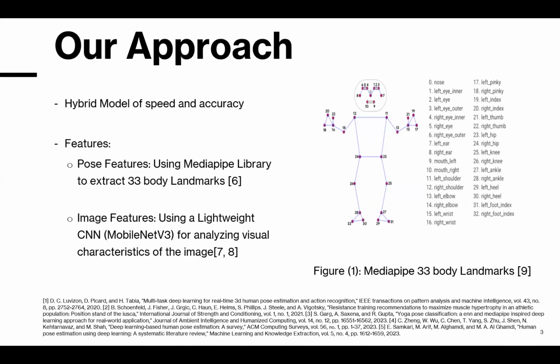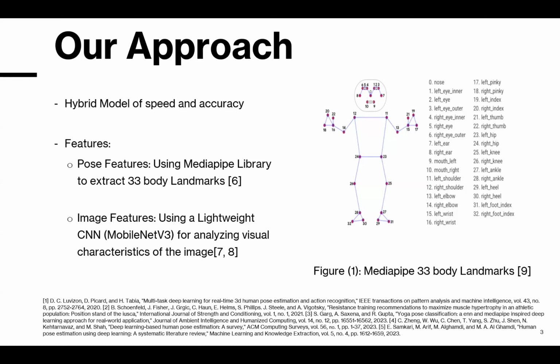Therefore, our approach is to build a hybrid model using these main parameters. And as our features in this model, we are going to rely on two different features. First of all, we have the pose feature, which is going to be by using MediaPipe to extract 33 skeletal body landmarks that will help us to define the pose patterns and therefore will help us to classify based on the pose.